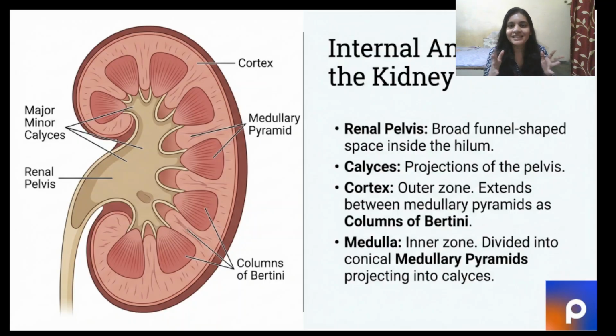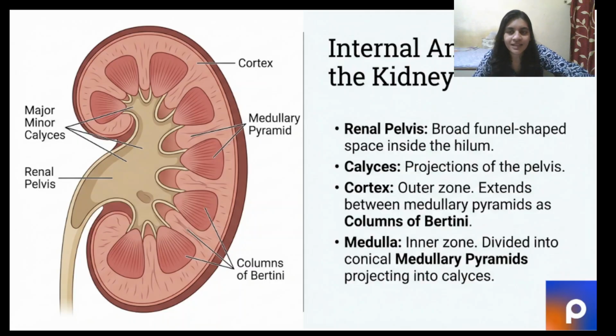So, yes, let's talk now about the kidney, the internal structures of the kidney, the internal anatomy of the kidney. So, let's talk about the renal pelvis. This is the structure I'm highlighting. This is the renal pelvis. It's basically a broad funnel shaped space in the hilum. What are calyces? The projections of the pelvis you see are known as calyces.